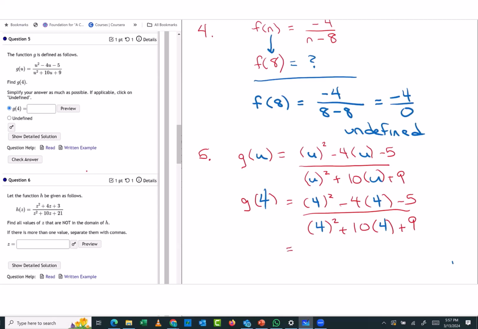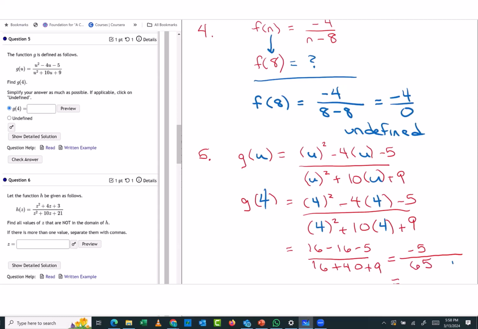This is equal to 4 squared is 16. 4 times 4 is 16 minus 5 divided by 4 squared is 16 plus 10 times 4 is 40 plus 9. 16 minus 16 is 0. 0 minus 5 is minus 5 divided by, these are all positive, so I have 56/65.